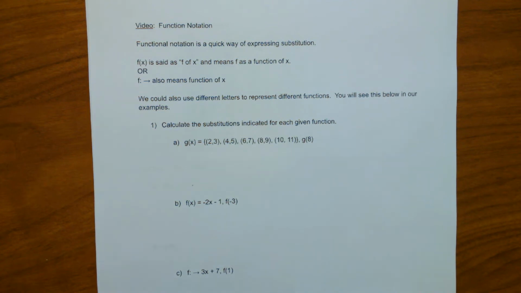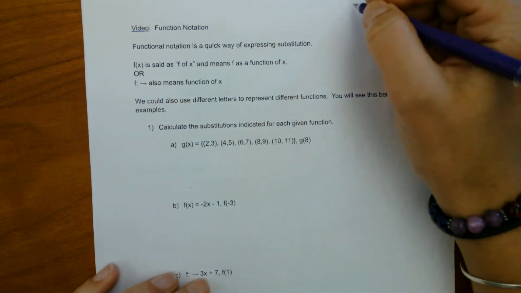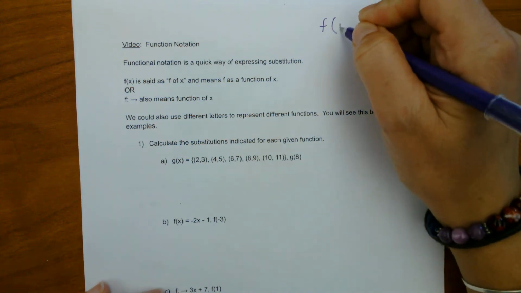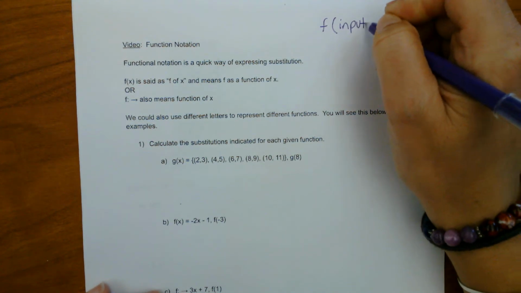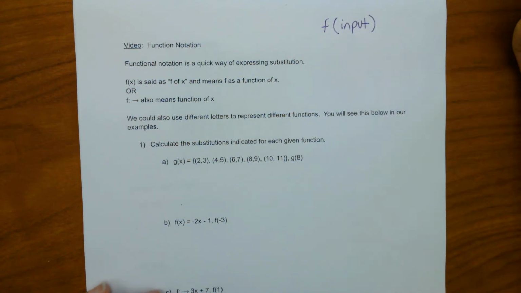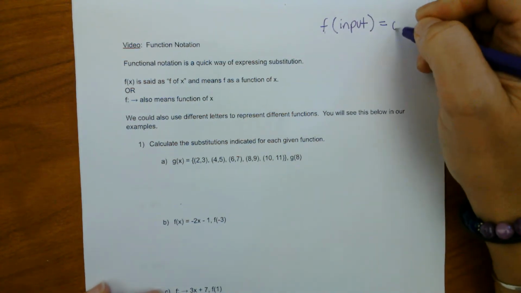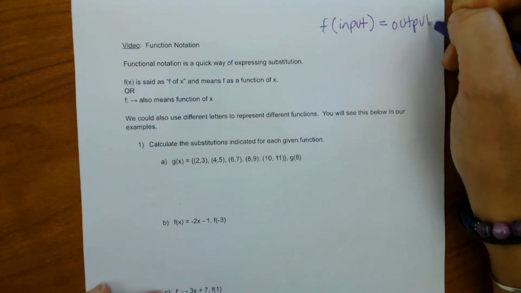Number 1, calculate the substitutions indicated for each given function. So a couple things before we start. When we have a function, we have the function f, and we have an input. What we do in a function is we input a number, and when we input a number into our function, we're going to get an output.